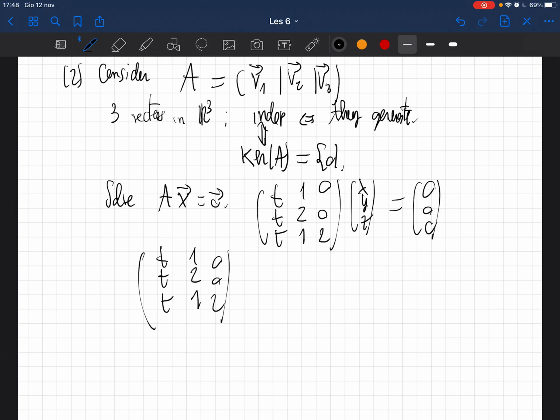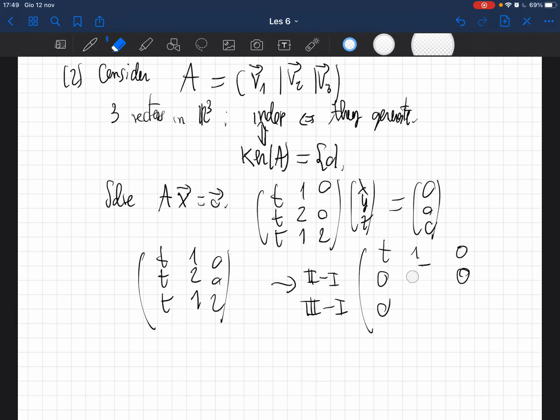I'm, for example, subtracting the first row, and 0, 0 here. This is going to be again 2 minus t, 0. Sorry, just subtract. This is 1. And this is again 0, 2.